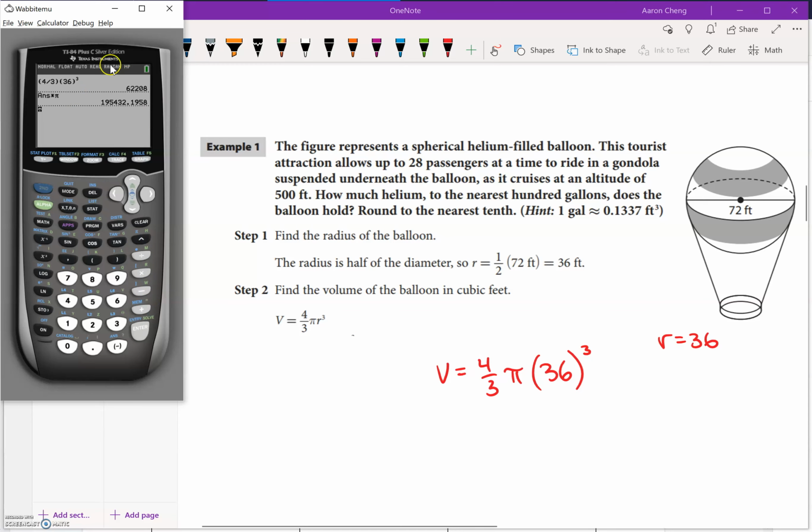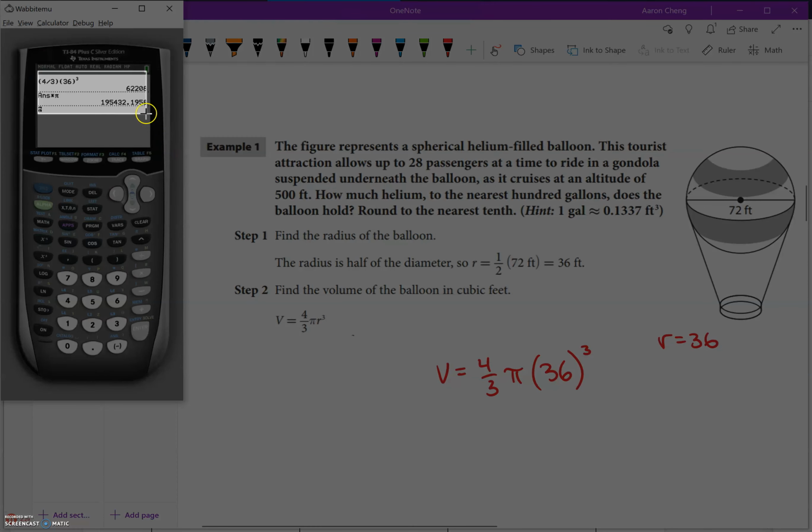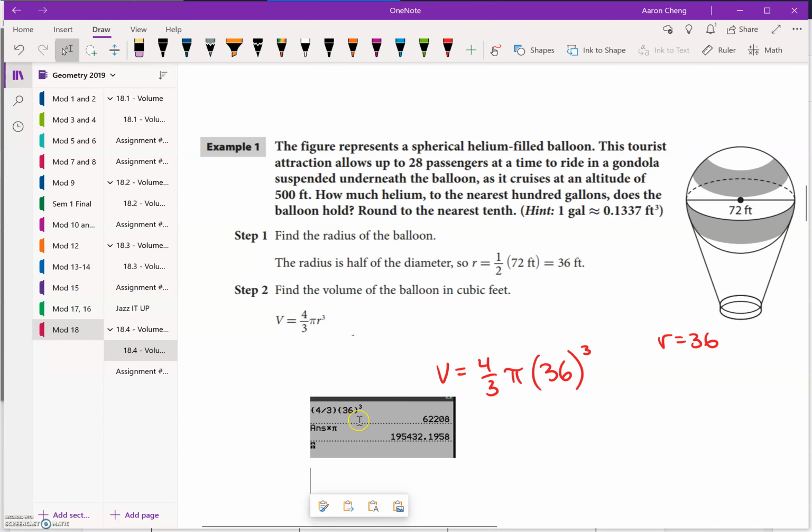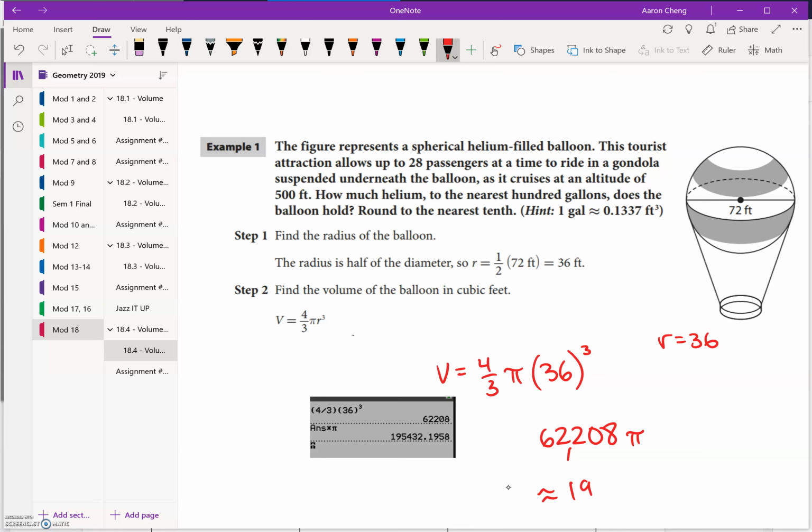So we either have 62,208 pi, or we have around 195,432 cubic feet. So there you go.